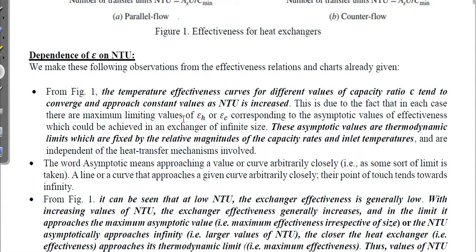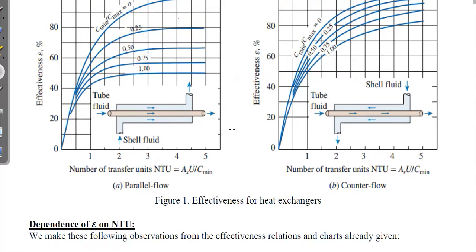This is because in each case there is a maximum limiting value of EH and EC, corresponding to the asymptotic values of effectiveness which could be achieved in an exchanger of infinite size. It only touches when NTU gets an infinite value.